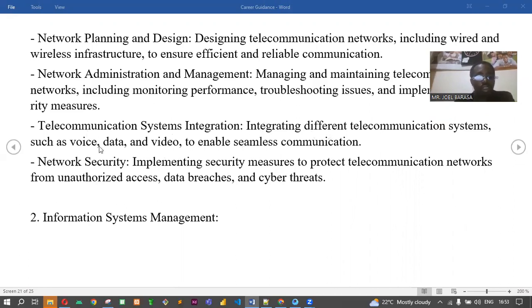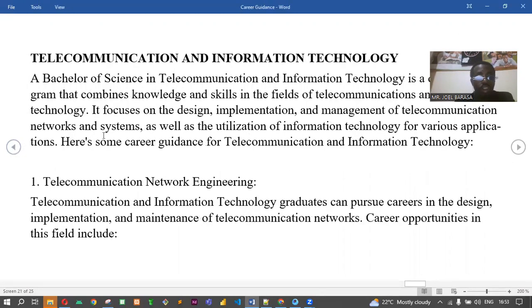You can deal with the systems that deal with voice, data, and video to enable seamless communications. Then we have also network security, implementing security measures to protect telecommunication networks, all that. That is under telecommunication and information technology, if you are dealing with telecommunication network engineering.